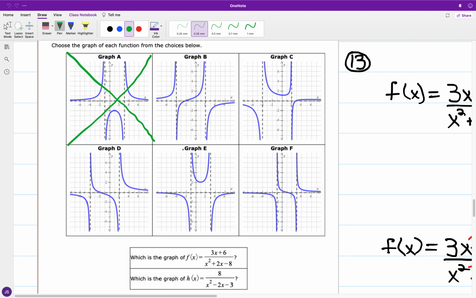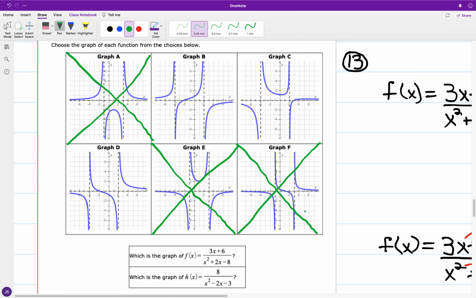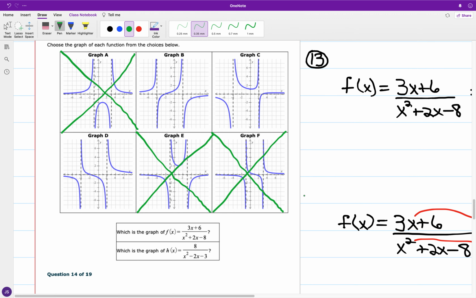C is also in the running. And you've got negative 4, 2, horizontal asymptote, so D is in the running. Now we don't have the same vertical asymptotes in graph E, and we have different vertical asymptotes also in graph F. So you have possibilities here with graphs B, C, and D.